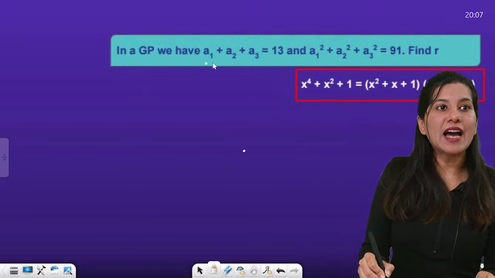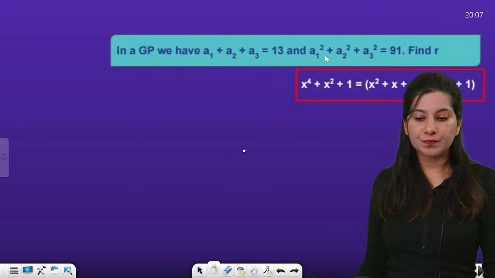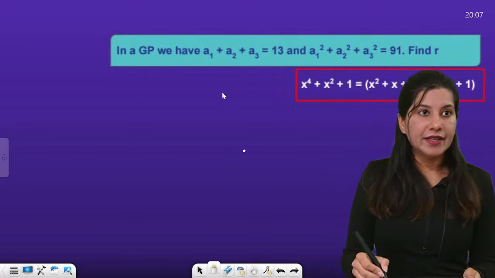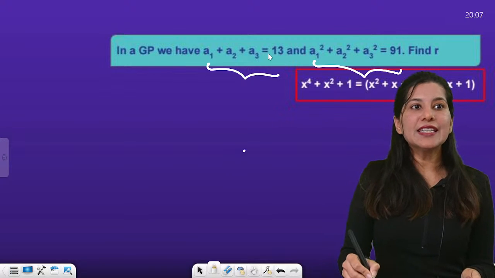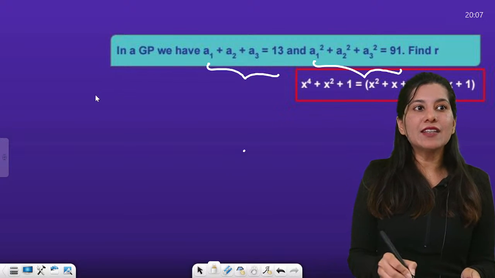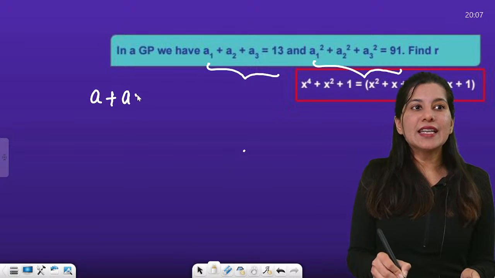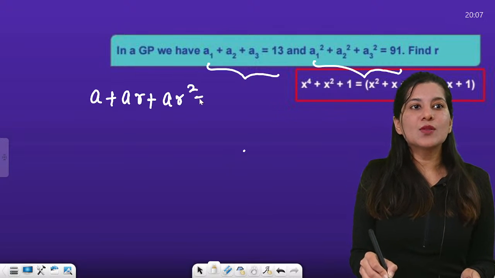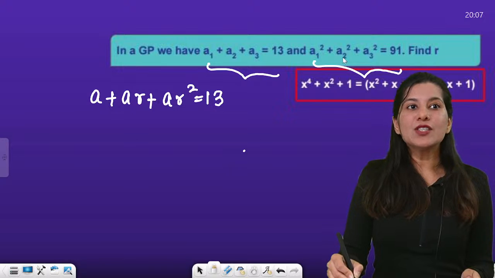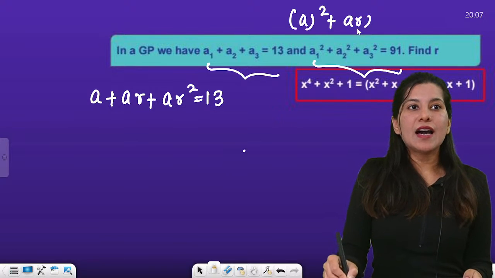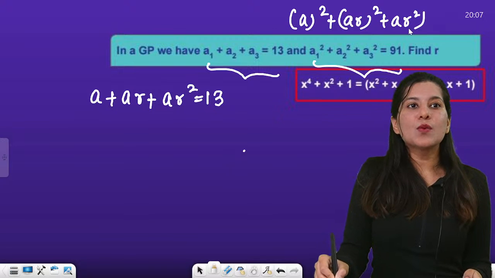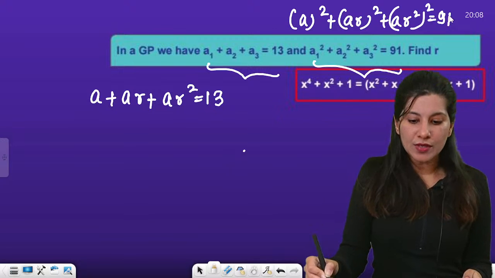In a GP, we have this and this. So A1 plus A2 plus A3. I can clearly write A1 as A, A2 as AR, A3 as AR square. A1 square, A2 square, A3 square. So that means A square plus AR whole square plus AR square whole square is equal to 91.